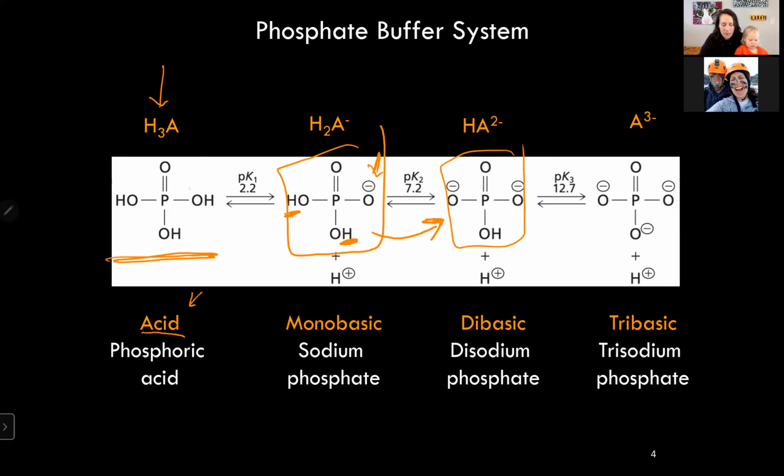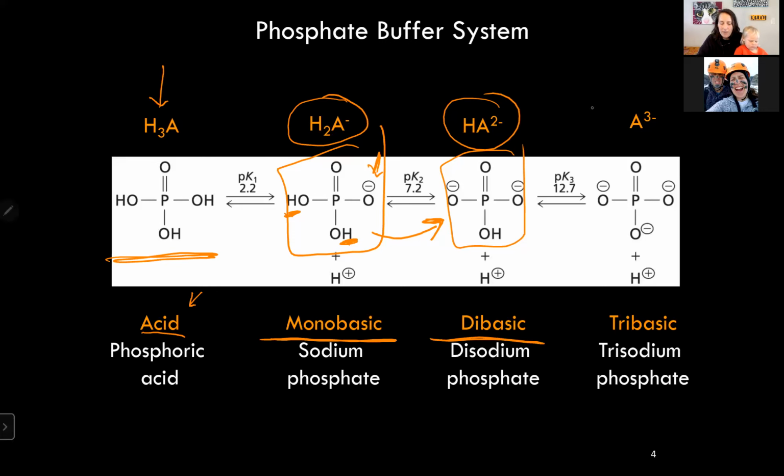Once you deprotonate it once, right, our H3A becomes H2A minus, and you can start to call this the monobasic form. Okay, so every time you remove a hydrogen, that's going to be called the basic form. So monobasic means it's removed one proton. You can remove that second proton, and our shorthand name becomes HA2 minus, and the way you could refer to that is the dibasic form.